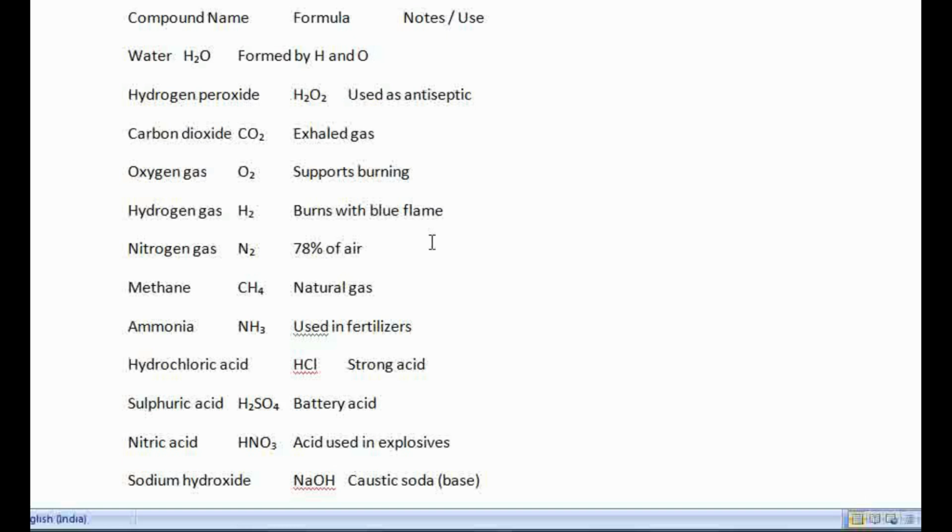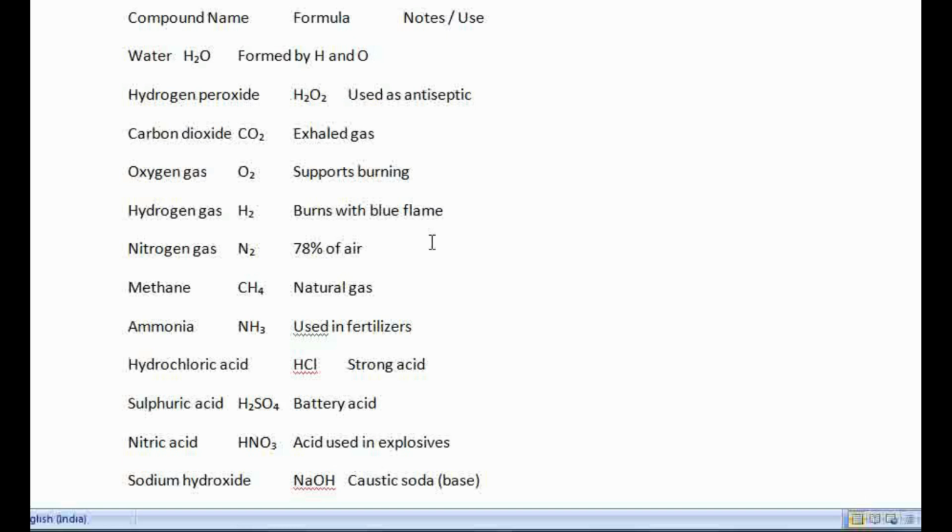Next, oxygen gas O2 supports burning. We are inhaling oxygen gas, which is released by plants. Next, hydrogen gas H2 burns with blue flame. Next, nitrogen gas N2, 78% of air; methane CH4, natural gas; ammonia NH3, used in fertilizers; hydrochloric acid HCl, strong acid, also found in our stomach; sulfuric acid H2SO4, battery acid.